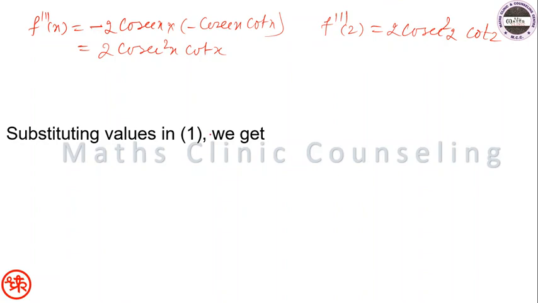Now substituting these values in equation 2. So what is that equation 2? Equation 2 implies that the value of f of x, which is log of sin x, is equal to f of 2.